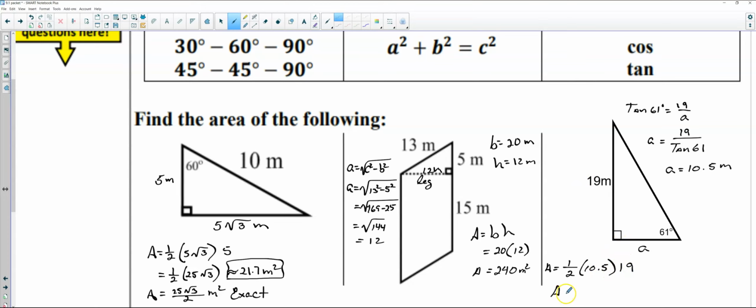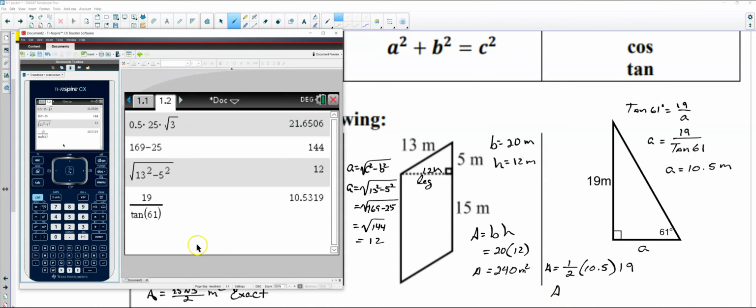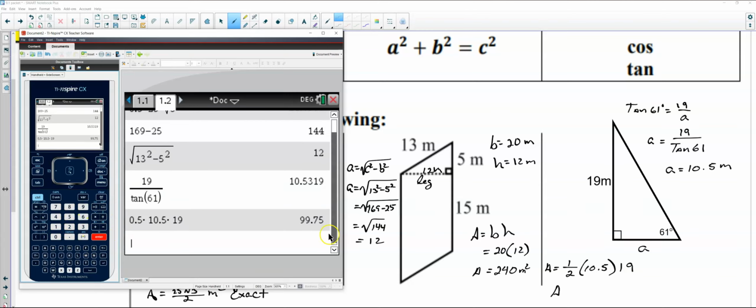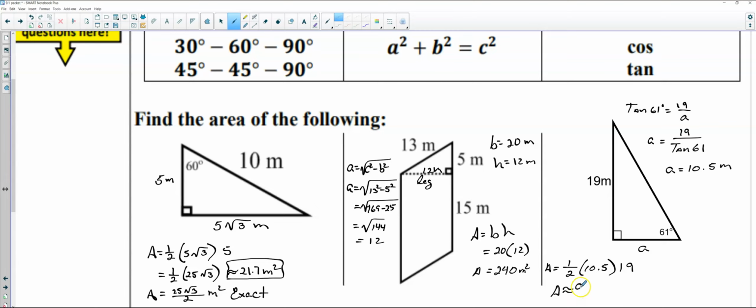Going to the calculator, I got 0.5 times 10.5 times 19, and notice it's 99.8, so the area is approximately 99 and 8/10 square meters. And that's how you find the area of this triangle. Notice we had to use the trigonometric ratios.